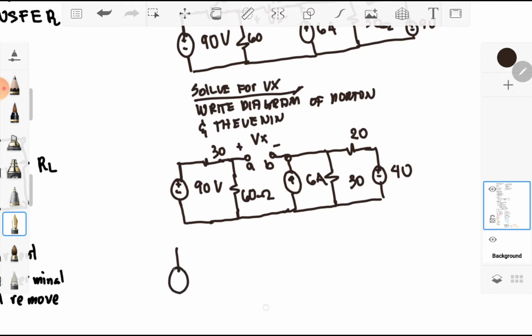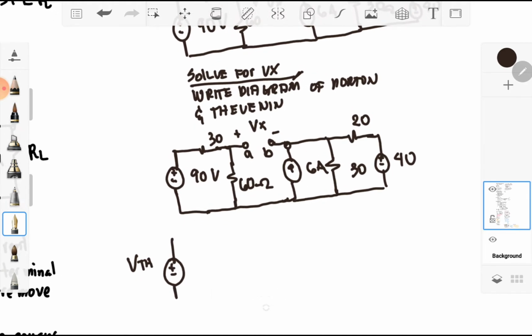So I will have my positive negative VTH, and then also I will have my RTH, then my RL, which is your 10 ohm.